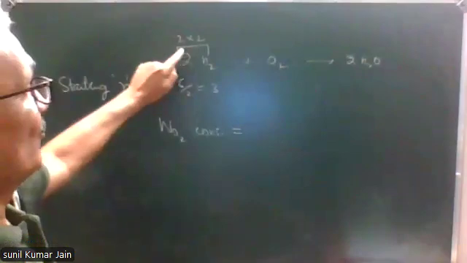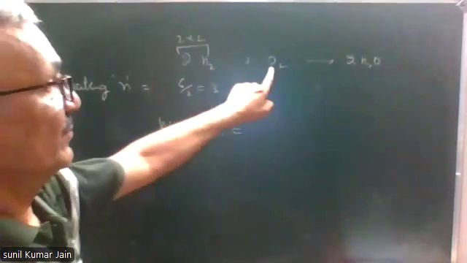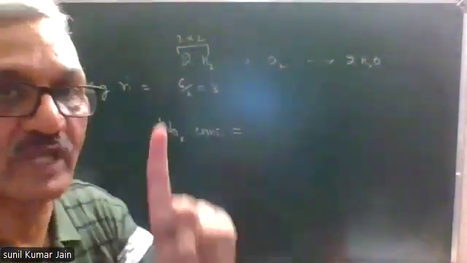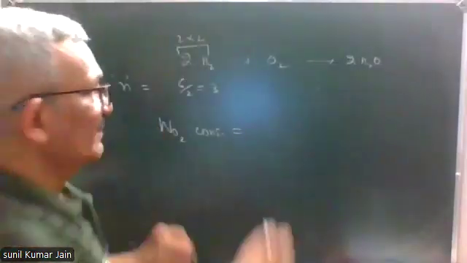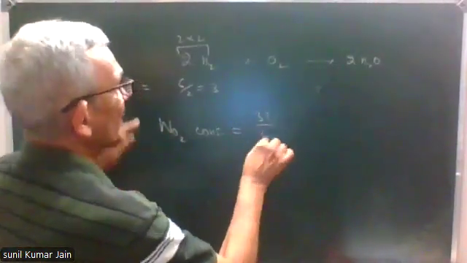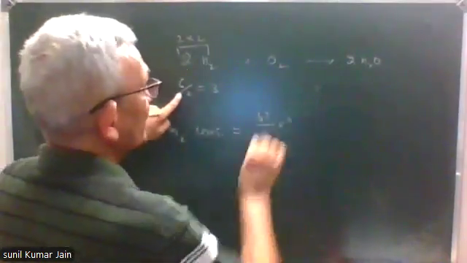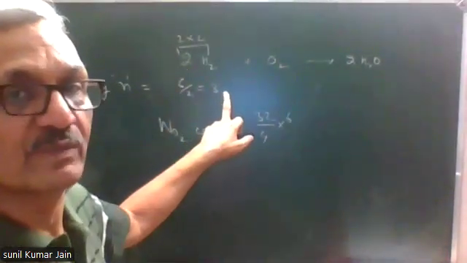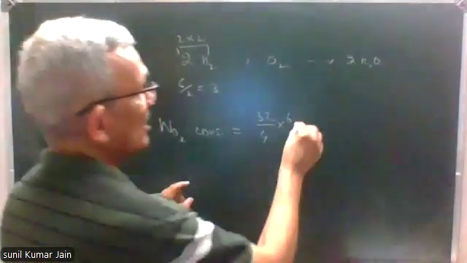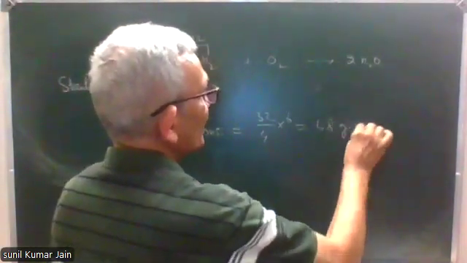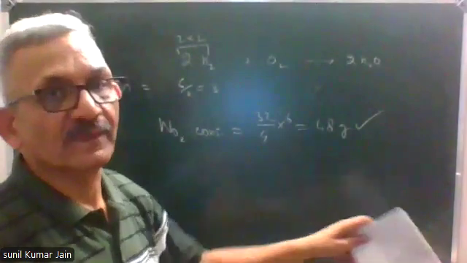I can say 4 grams of hydrogen will consume 32 grams of oxygen. 1 will consume 32 divided by 4. And 6 grams will consume. So there's no need of even moles. So 6 grams will consume how much? That is one answer. 48 grams of oxygen.